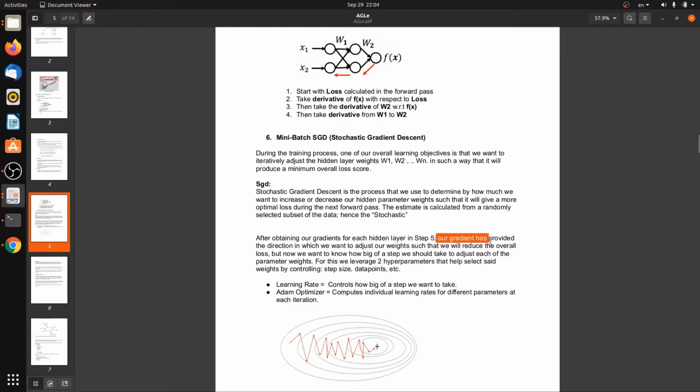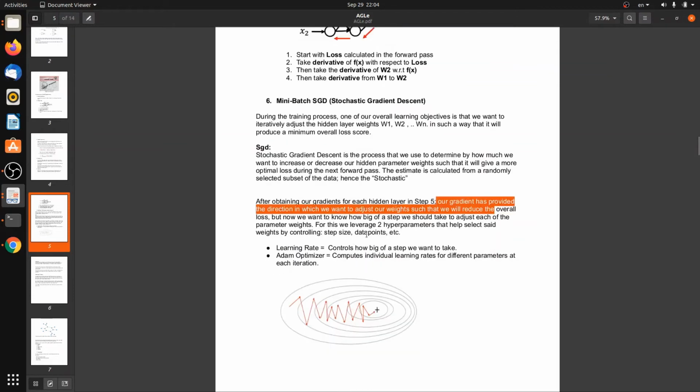then we need to determine, okay, in which direction am I going to update the parameters? Am I going to add more positive values or more negative values such that it's going to optimize the loss? So remember, we've backpropagated the loss. Now whenever we run stochastic gradient descent, each hidden layer is aware of what the total loss was.